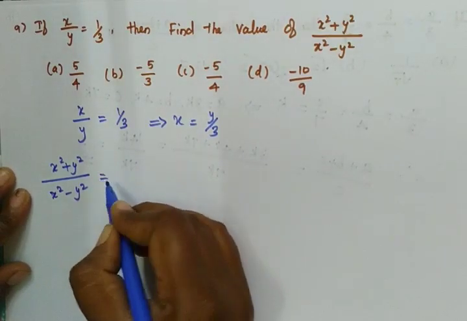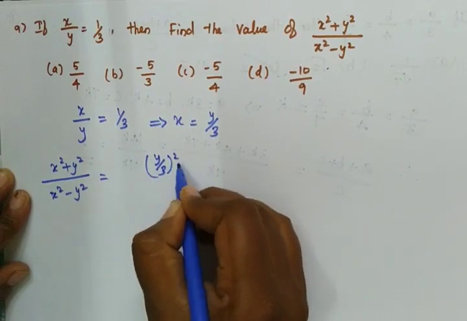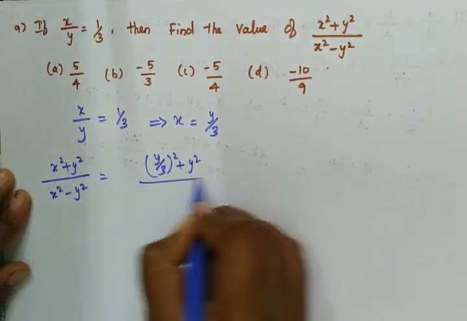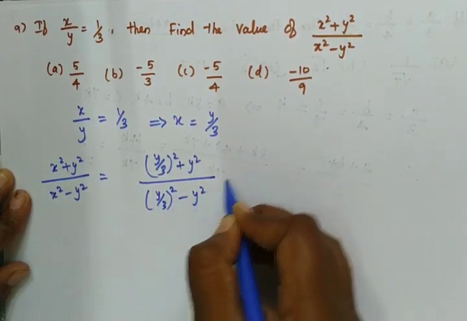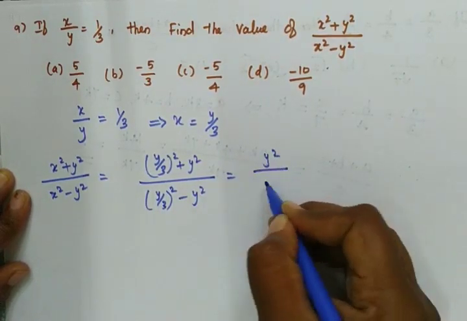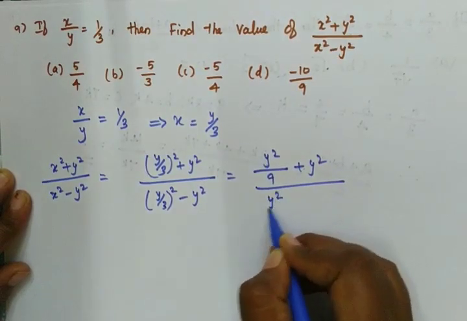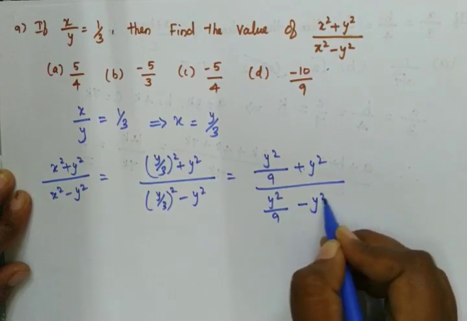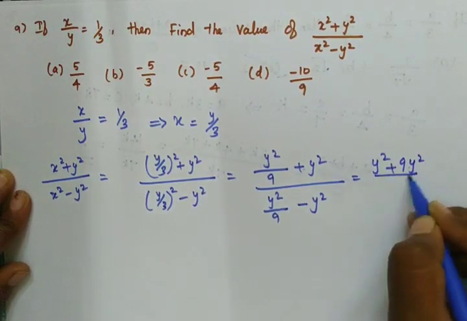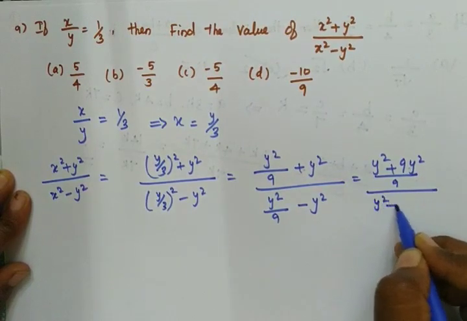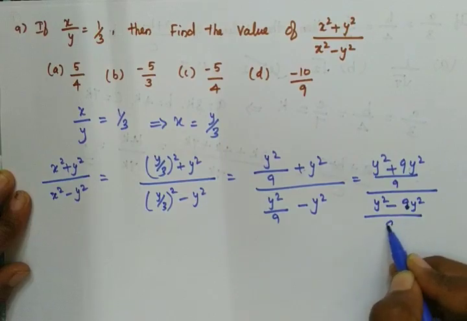Which is equal to, now we know the value of x. So y by 3 the whole square plus y square by y by 3 whole square minus y square. So it is equal to y square by 3 3s are 9 plus y square by y square by 9 minus y square. Therefore it is equal to y square plus 9y square by y square minus 9y square by 9.